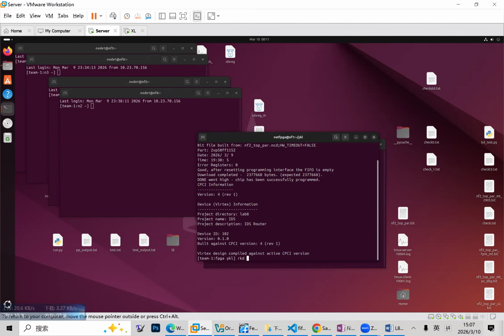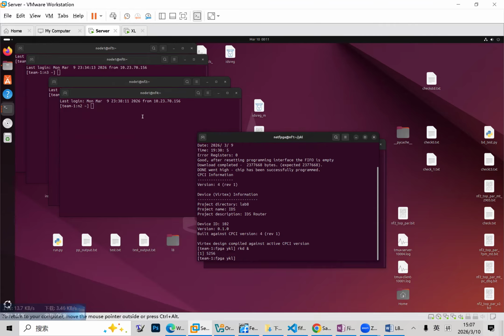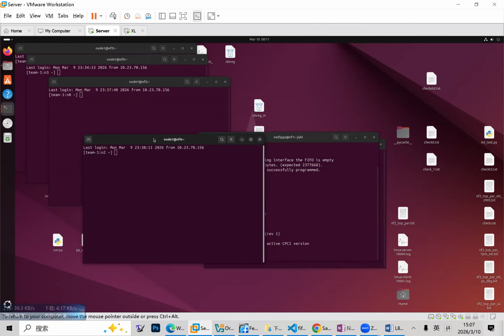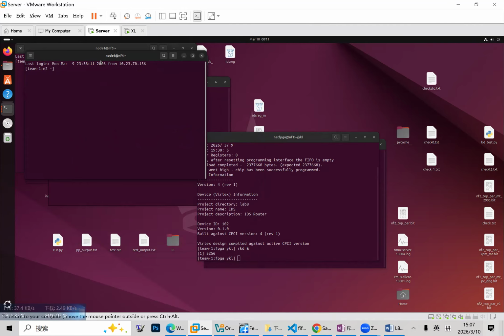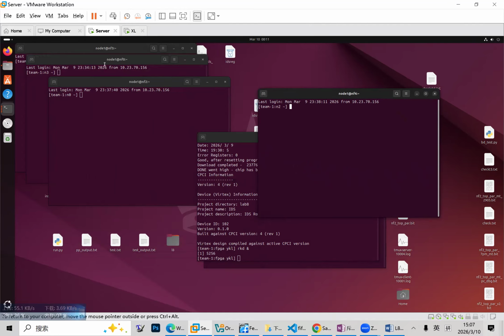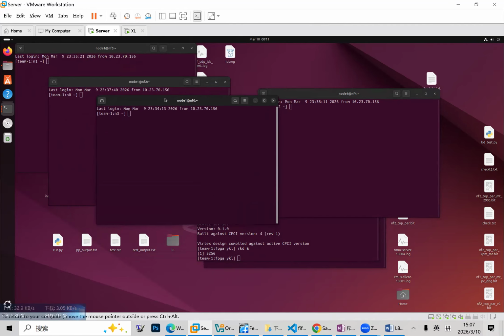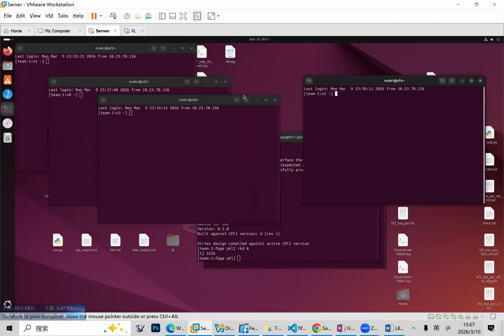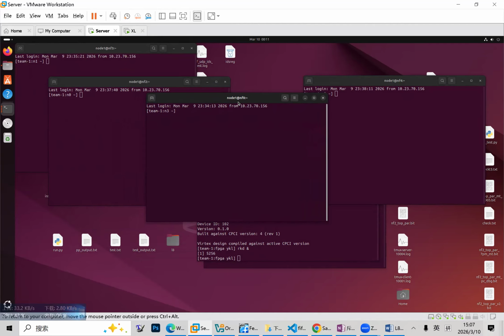And we'll do an RKD. Then we write some Perl scripts to monitor the UDP packets sent. It's like this.